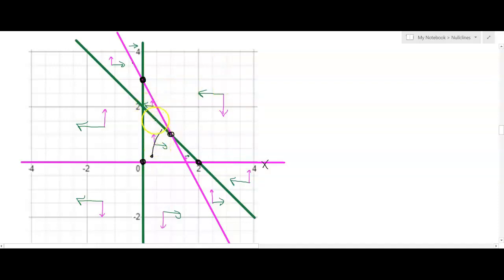You can see that below that x nullcline, vectors point to the right. Above that x nullcline, vectors point to the left. On that x nullcline, the vectors only point up or down, and both above and below that nullcline, the vectors point up. So this point can pass into this region like so.